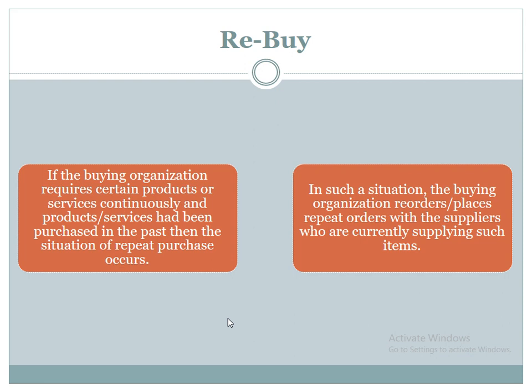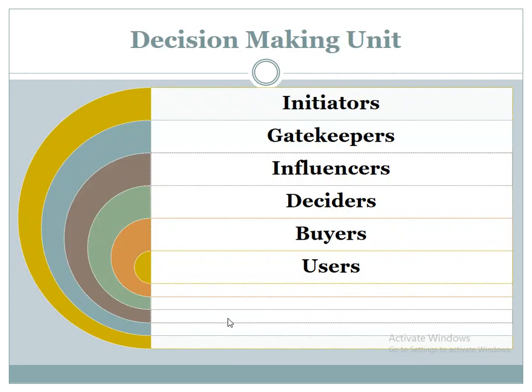Now we have seen one term that is called decision making unit or buying center. Now we will elaborate on that. So, decision making unit. It is essential to understand the roles of buying center members or decision making unit members before identifying the individuals or groups involved in the buying decision process.